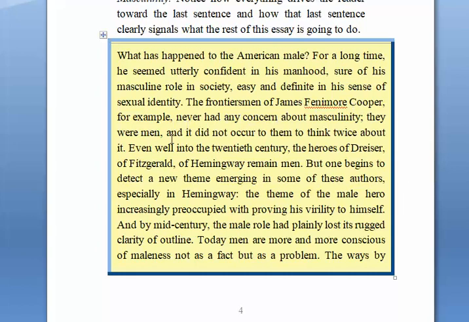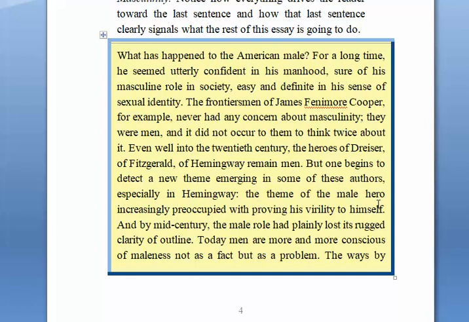They were men, and it did not occur to them to think twice about it. Even well into the 20th century, the heroes of Dreiser, of Fitzgerald, of Hemingway remain men, but one begins to detect a new theme emerging in some of these authors, especially in Hemingway.